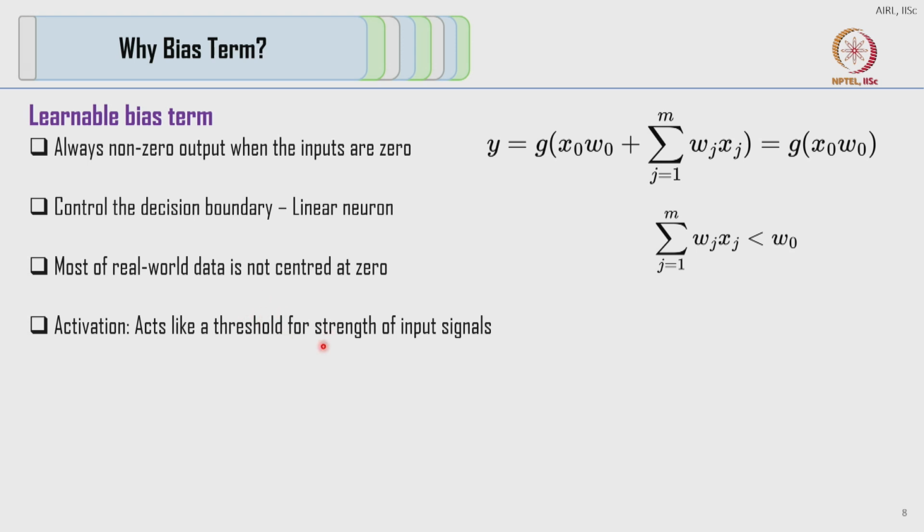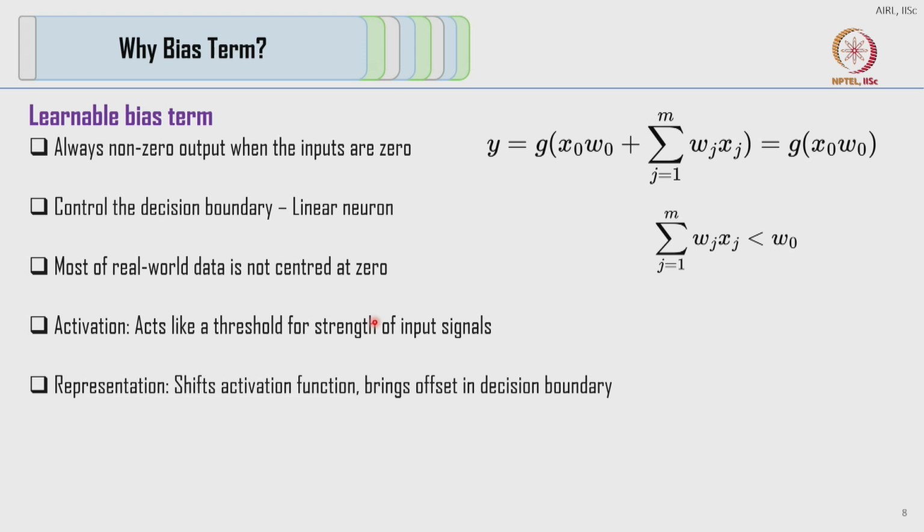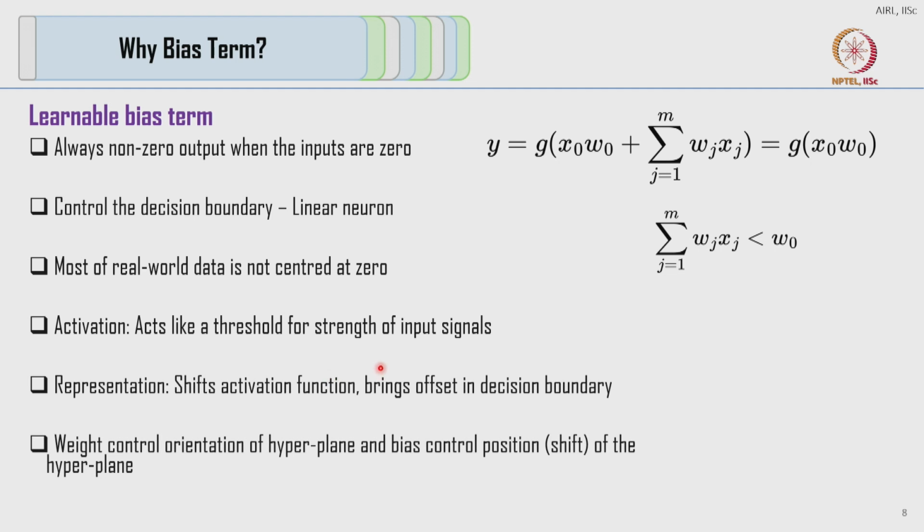Activation functions act like a threshold or a strength of the input signals. Having a bias will help you shift the activation functions, which is also needed. Shifting the activation function brings an offset in the decision boundary. So bias plays a very important role in learning as well as convergence.